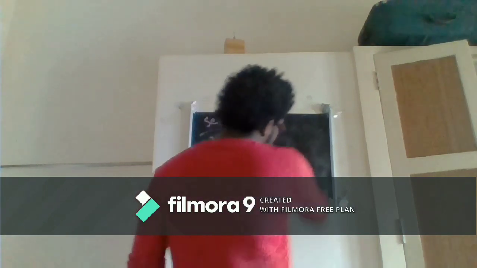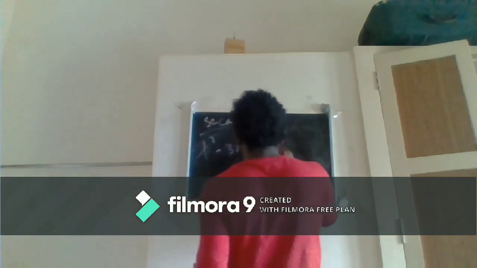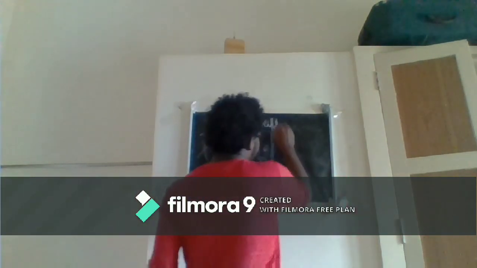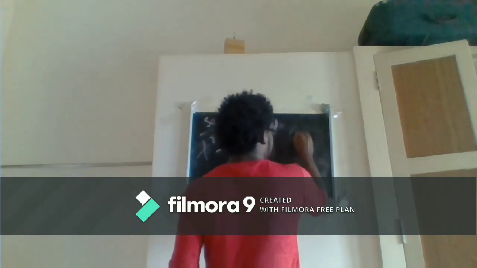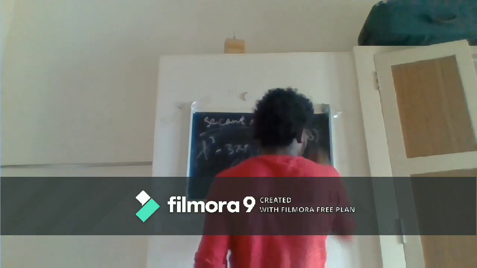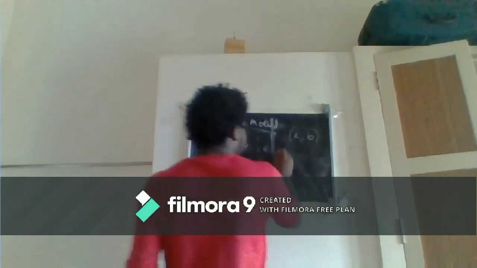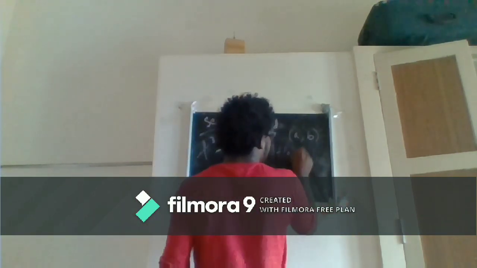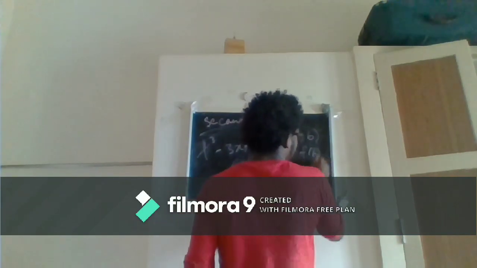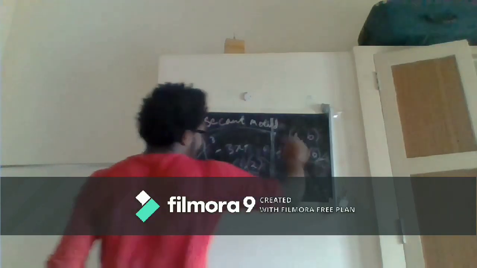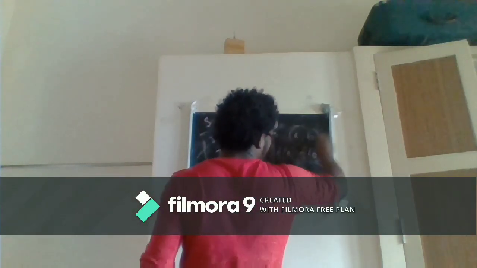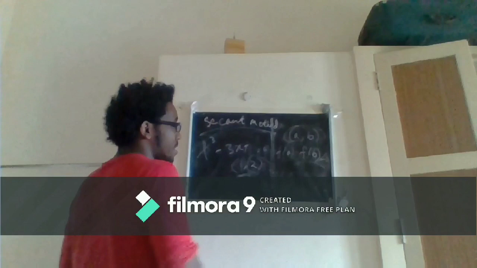As a general example, let the given initial points be a and b. Then f of a times f of b should be less than 0, to say there is a root between a and b.